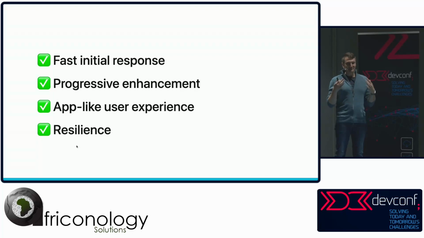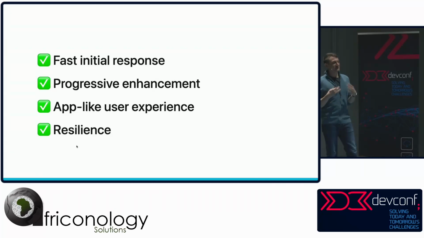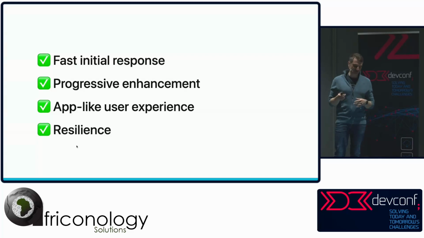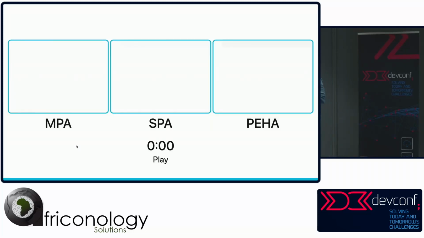We can get an app-like experience with the same features of an SPA, and we can also have resilience in those situations where something goes wrong on the client side.